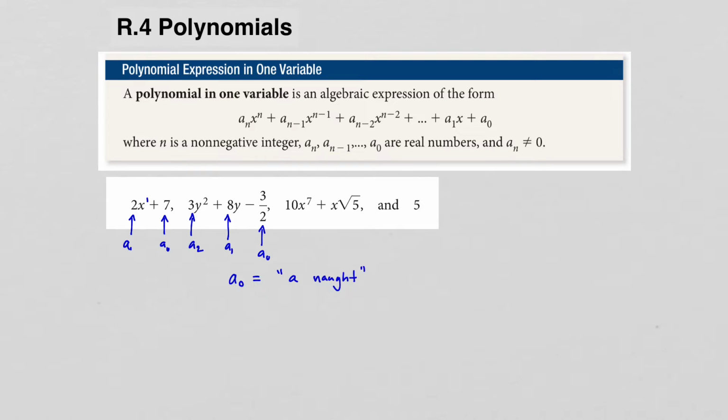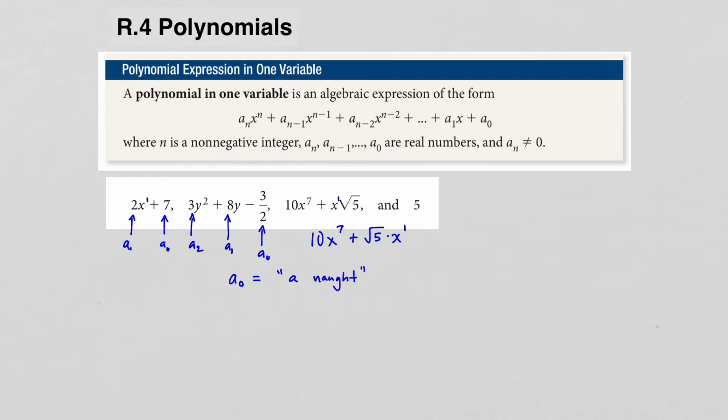For the next one, we have 10x to the 7th power plus x times the square root of 5. And I know this looks a little bit strange, but square root of 5 is nothing more than the coefficient of x to the first power, right? So you can think of that as 10x to the 7 plus the square root of 5 times x to the 1.